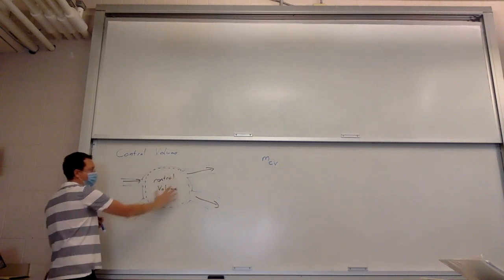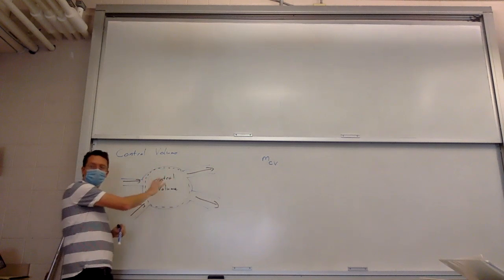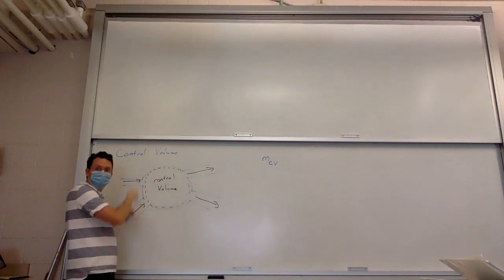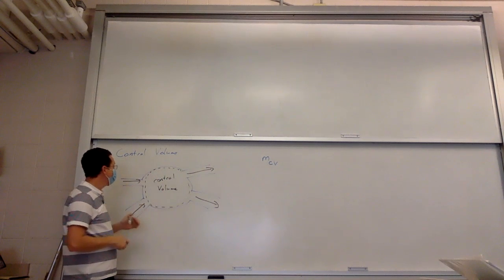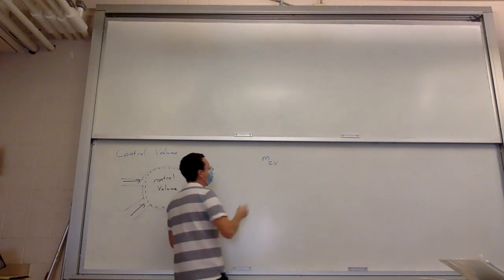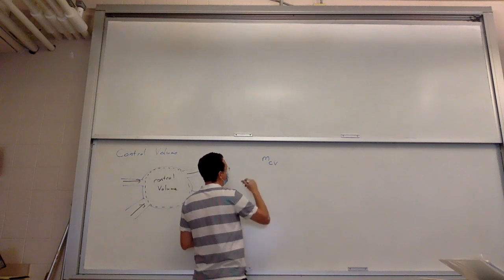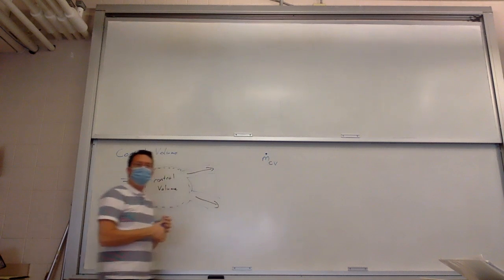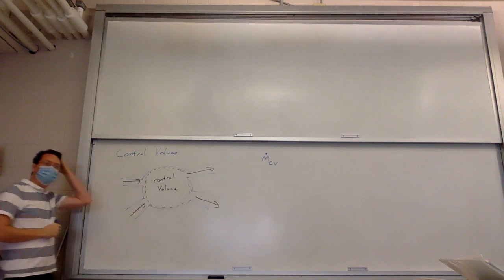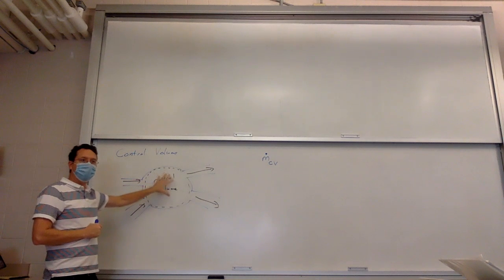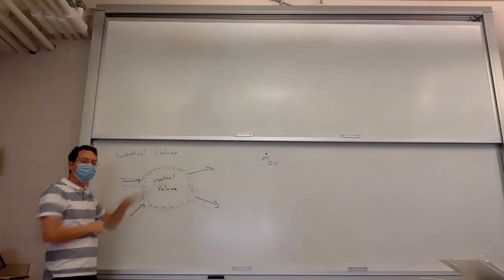That would be the mass on the inside of the volume. It's not a constant, right? It can change as you change dials and knobs and things. Because it's not a constant, let's focus instead on the rate of change. So this would be the rate of change of mass inside this volume.